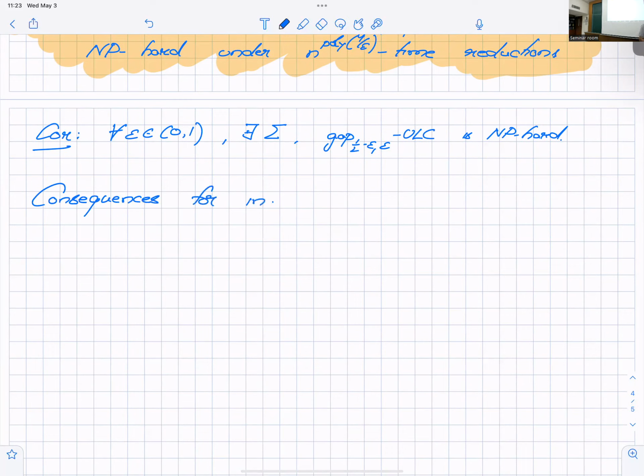There are a couple of them. I state the two most important ones. First is vertex cover.